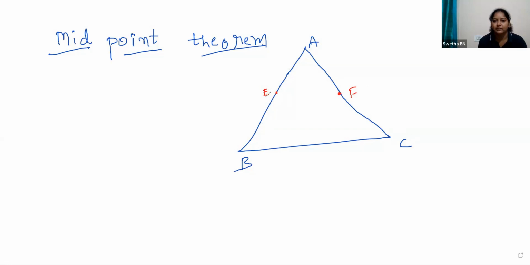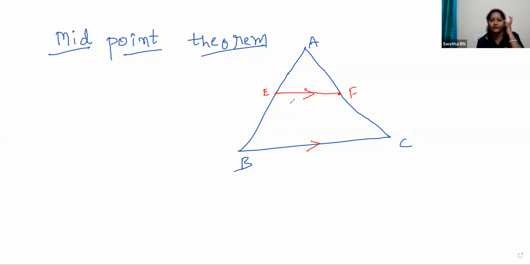Now I will join these two points, E and F. See what the midpoint theorem says, EF is parallel to BC.